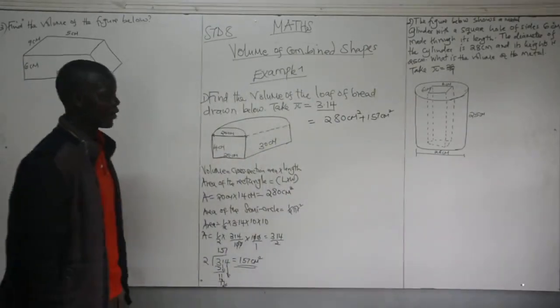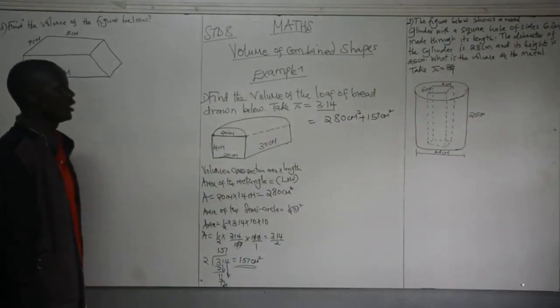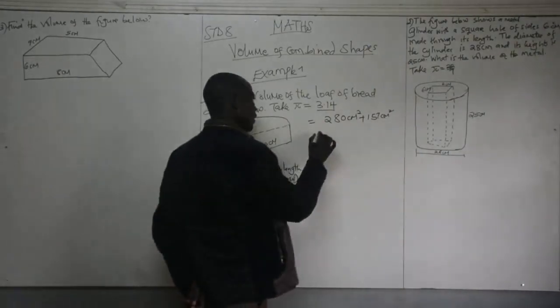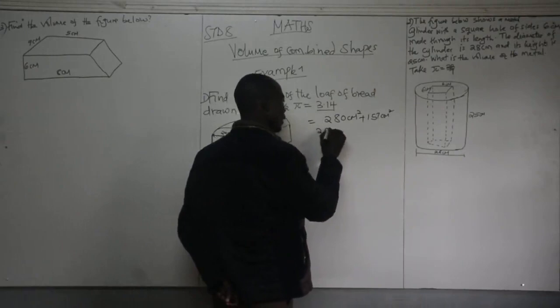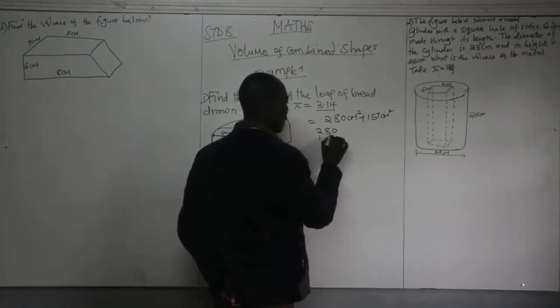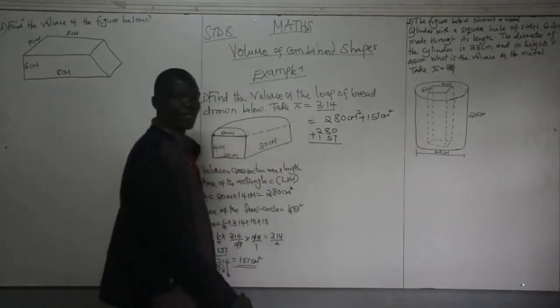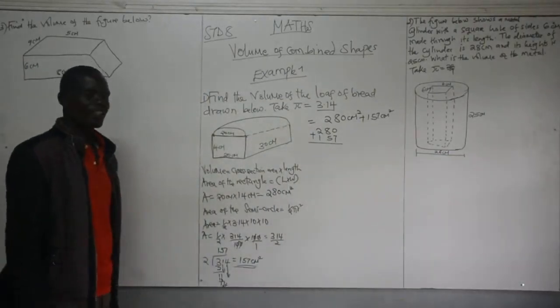Now let us add this, 280 plus 157. So let us add together. We say 0 plus 7 gives us what?